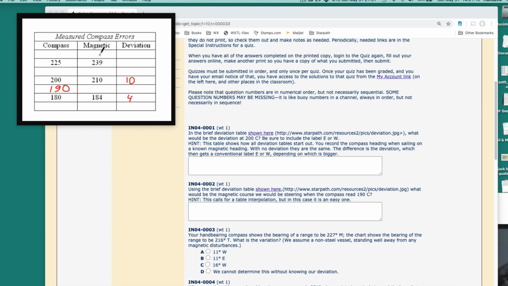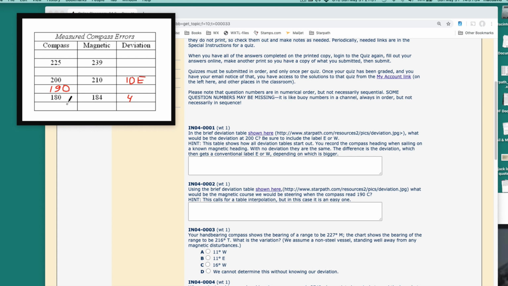So correcting add east, we want to get to the correct one. This is the 10 degrees, but is it east or west? Add east. It's obviously east, because how do we get from here to here? We add this deviation. So this has to be an east, right?